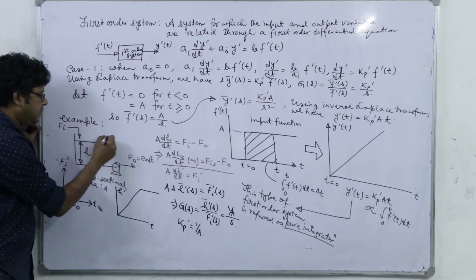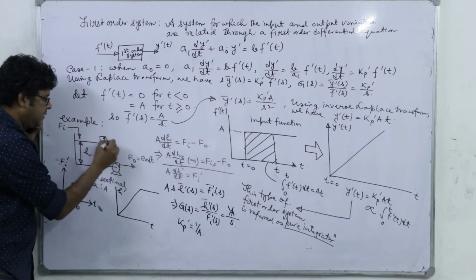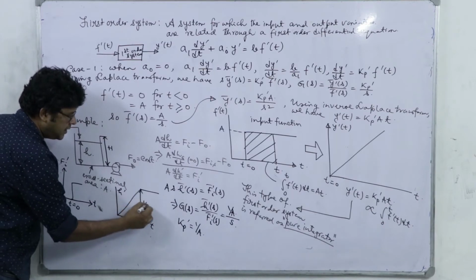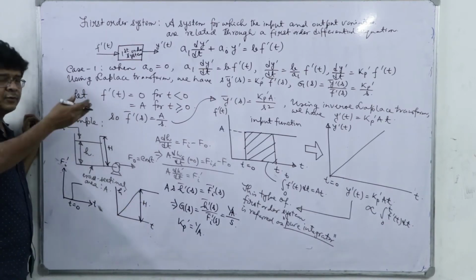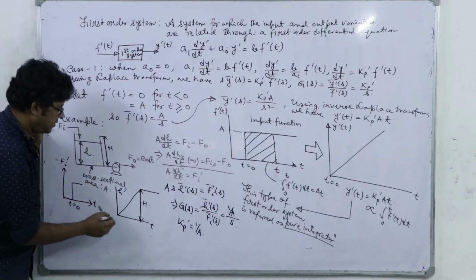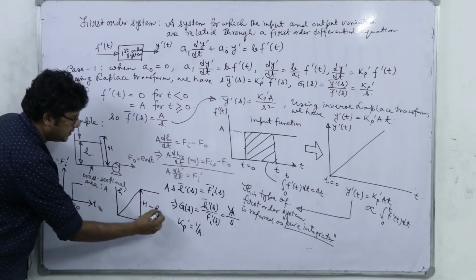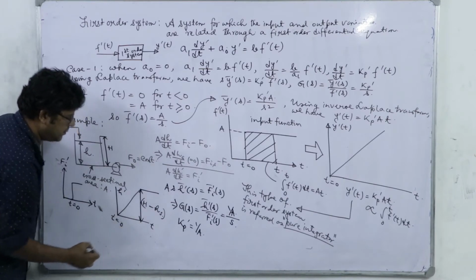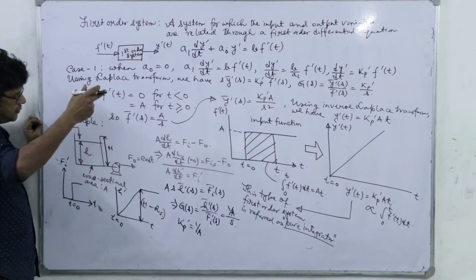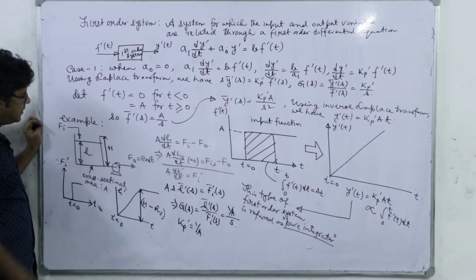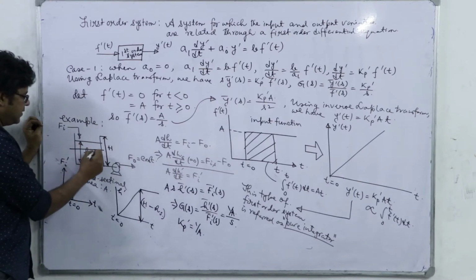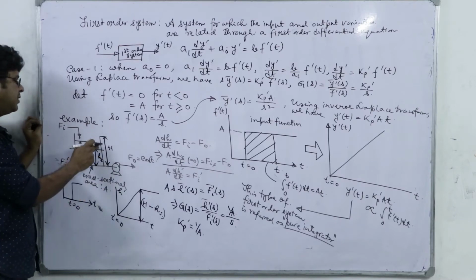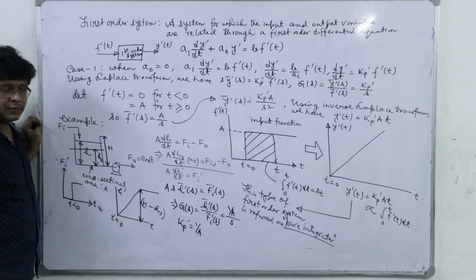Why? Because if this level is H, beyond that it cannot increase. So it will grow up to this H minus Hs, because originally the level was Hs, which was the steady state level, and from there it will grow up to this, and then it will overflow.